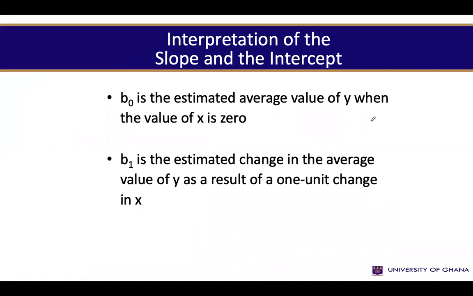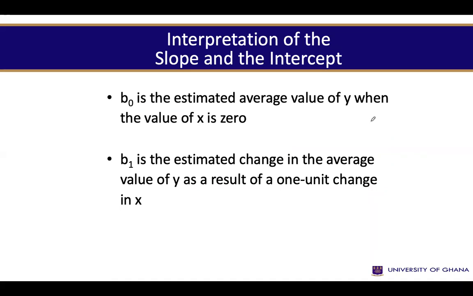What is very important for us is our ability to interpret the slope as well as the intercept that we see. So beta 0, what does it mean? Beta 1, what does it mean?